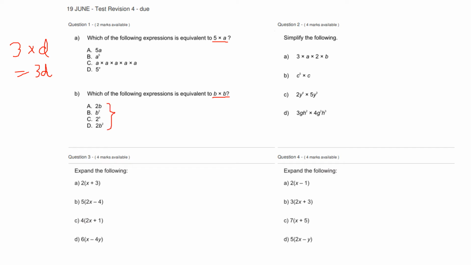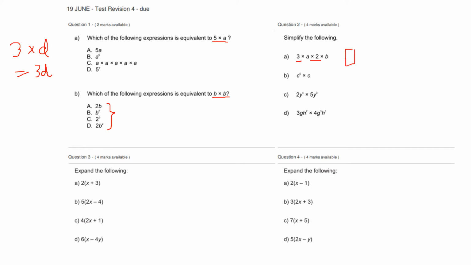For question 2, what we do is when we multiply, we can multiply in any order. So we always arrange it, number, and then put the letters alphabetically. So here I've got 3 times 2. So I write down my answer for that.